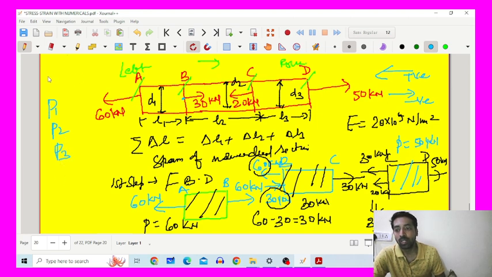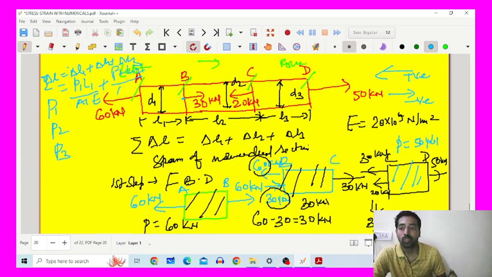You know the formula: delta L equals the summation of delta L1, L2, L3, that is P1 L1 upon A1 E, plus P2 L2 upon A2 E, plus P3 L3 upon A3 E. E is constant, as already mentioned in the question.